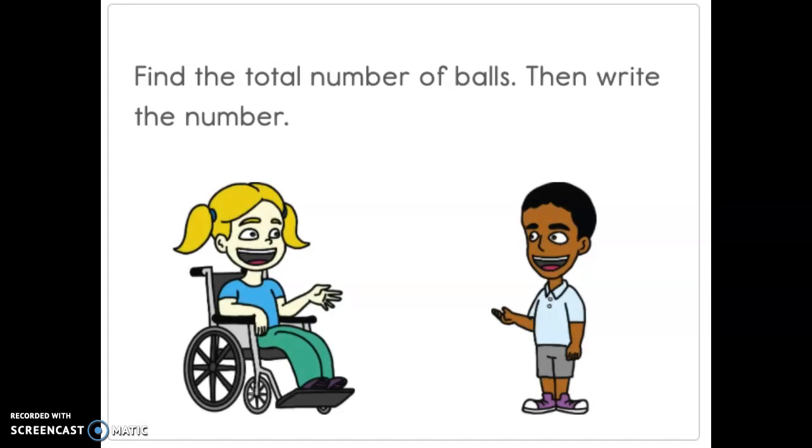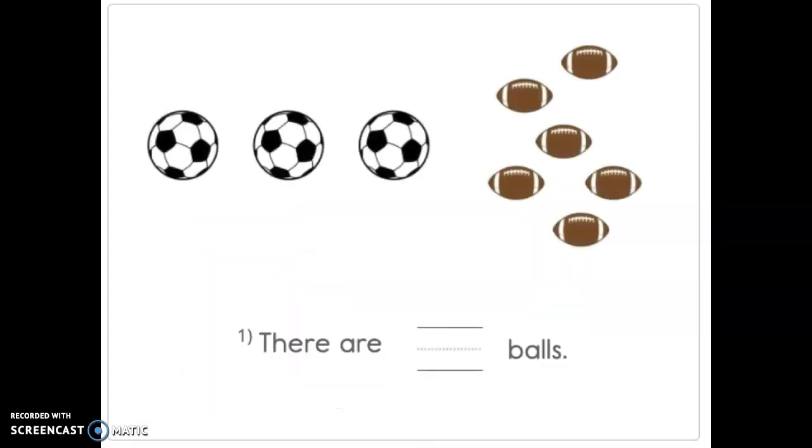It says, find the total number of balls, then write the number. So we started with this one, and these are from your workbook. What I'm planning on doing is hopefully uploading these to Seesaw so that you can work on them. We started by counting the soccer balls. So we counted 1, 2, 3.